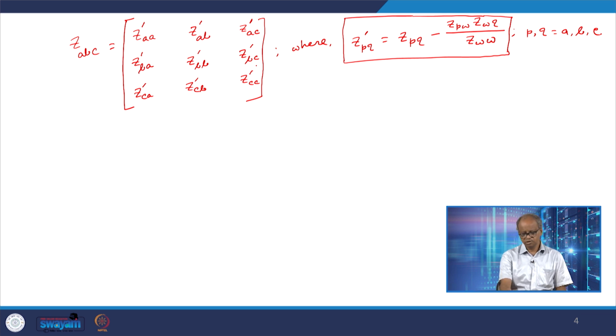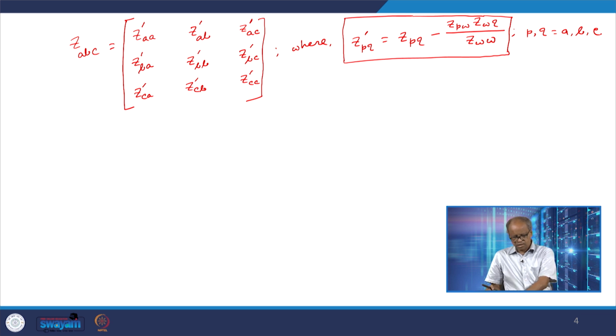For example, in the absence of the ground conductor, the impedances were ZPQ, but now in the presence of the ground conductor, the impedance is ZPQ minus this quantity, and as all these quantities are positive, ZPQ minus this quantity would be certainly less than ZPQ. So in the presence of the ground conductor, the impedances actually reduce.